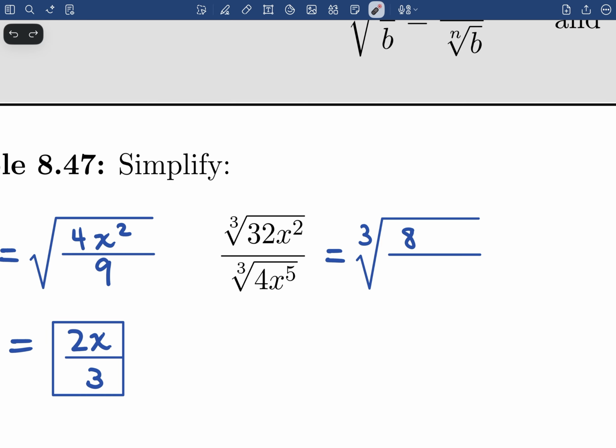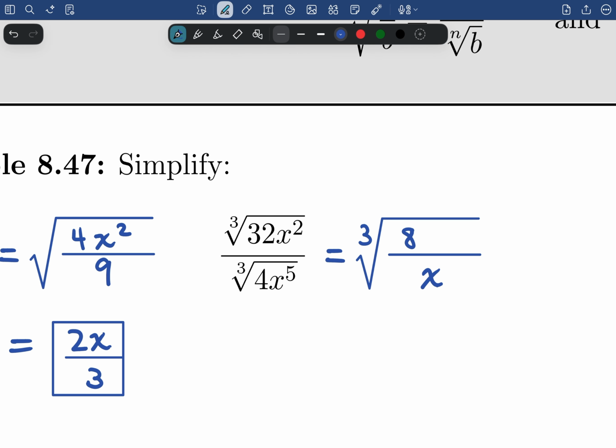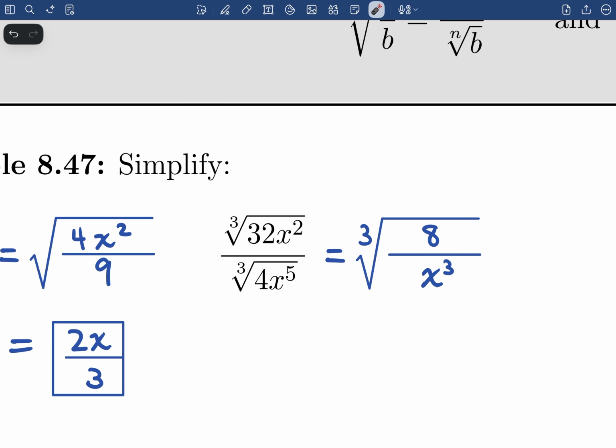Now, when I look at the variable, on top I have x squared, on bottom I have x to the 5th, and I ask how many more x's are on bottom than on top? In this case, there are 3 more x's on bottom than on top. And so on bottom I put an x cubed. And what's great is now, because I combined the two cube roots into a single cube root and simplified the fraction, I'm left with the cube root of 8 divided by x cubed.